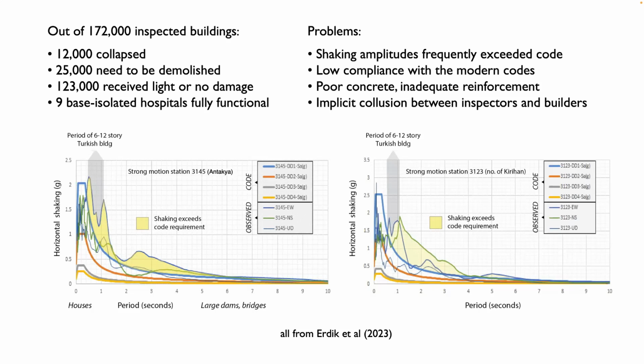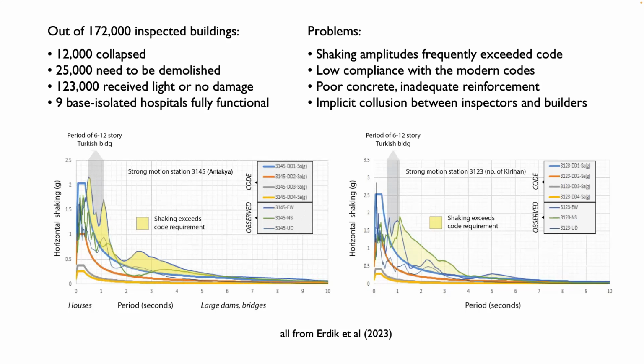So in other words, if the input shaking or the input motion that you're providing to the child matches the resonant frequency or the fundamental frequency of that swing, the motion keeps growing. And for a 6 to 12-story Turkish building, that's about a half second to a second. So that's the danger zone.